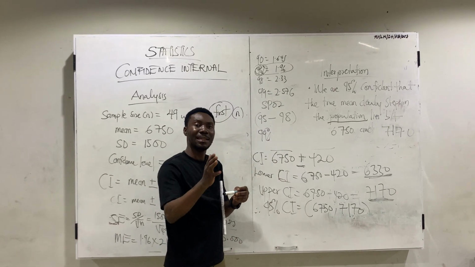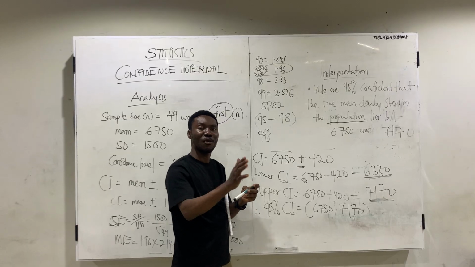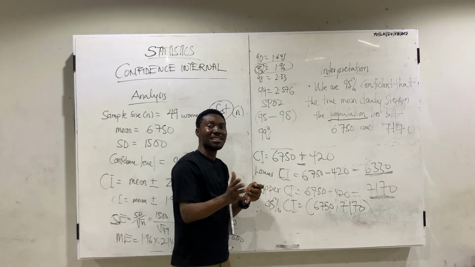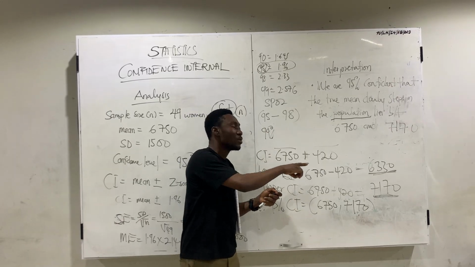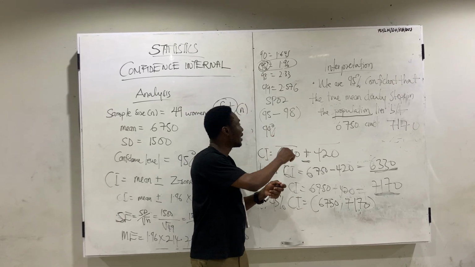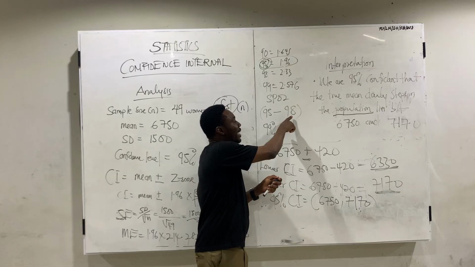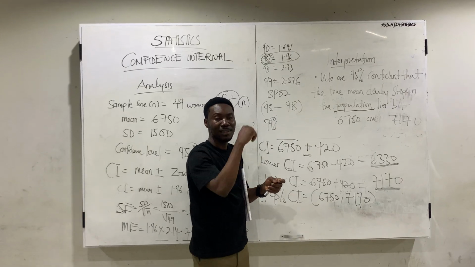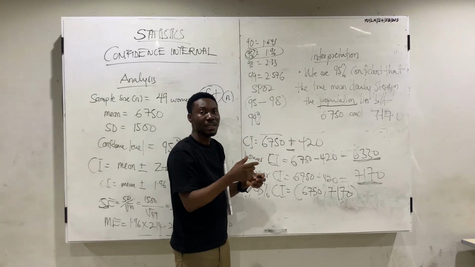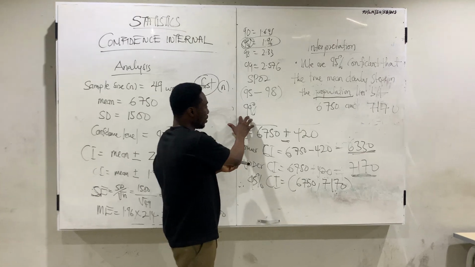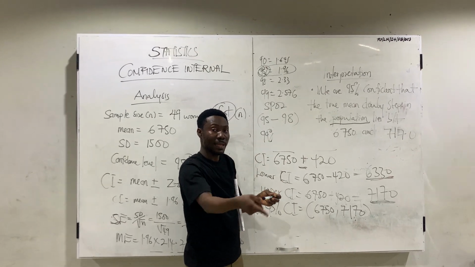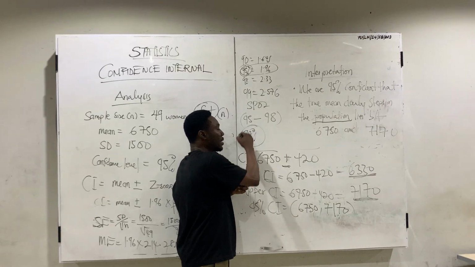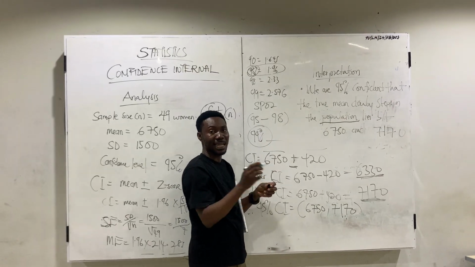We are 99% confident that the true mean SpO2 in the population lies between 95 and 98%. You always have to add the unit. You have to make sure, you see this one, we didn't use 95, we used 99, because the confidence that has been given, or we are dealing with now, is 99.